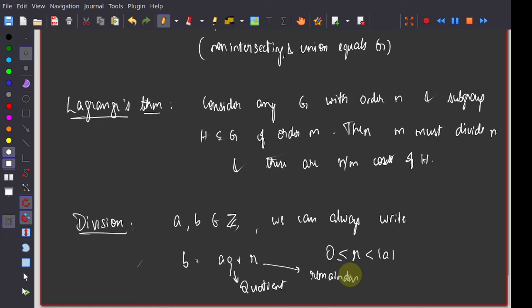Now the question is, over what kind of sets can we do something like this? Can we extend this algorithm? This is basically Euclid's division algorithm. Can we extend Euclid's division algorithm to other more abstract groups or fields?